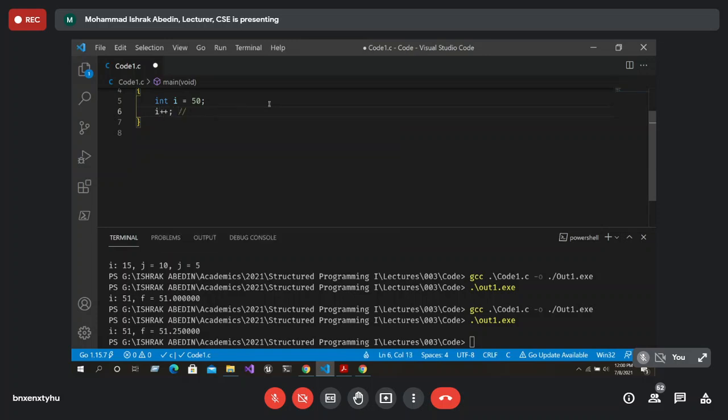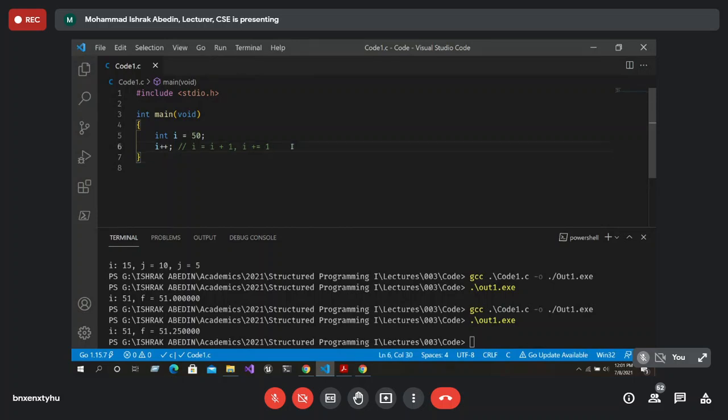It is equivalent to I is equal to I plus 1, or I plus equal to 1. However, they are evaluated a bit differently. It simply means whatever the existing value of I is, increase it by 1 and store it back in I. So I plus plus means I was 50 before, and after executing this statement, I will become 51. This is a unary operator, so it only requires one operand, and it works on that.